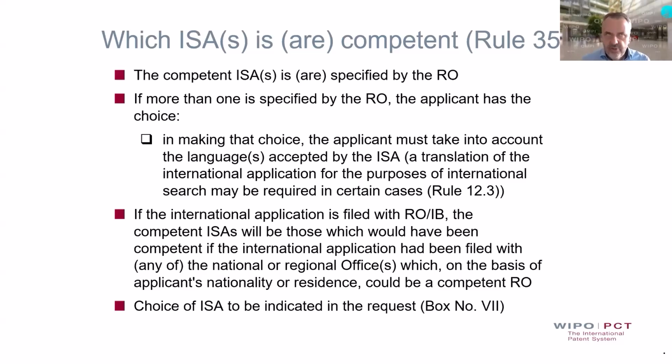We turn to those offices and check which offices would be competent ISAs if you had filed with any of them. Then it's this combination of all those offices that become available to choose from when you file this particular application with the International Bureau.